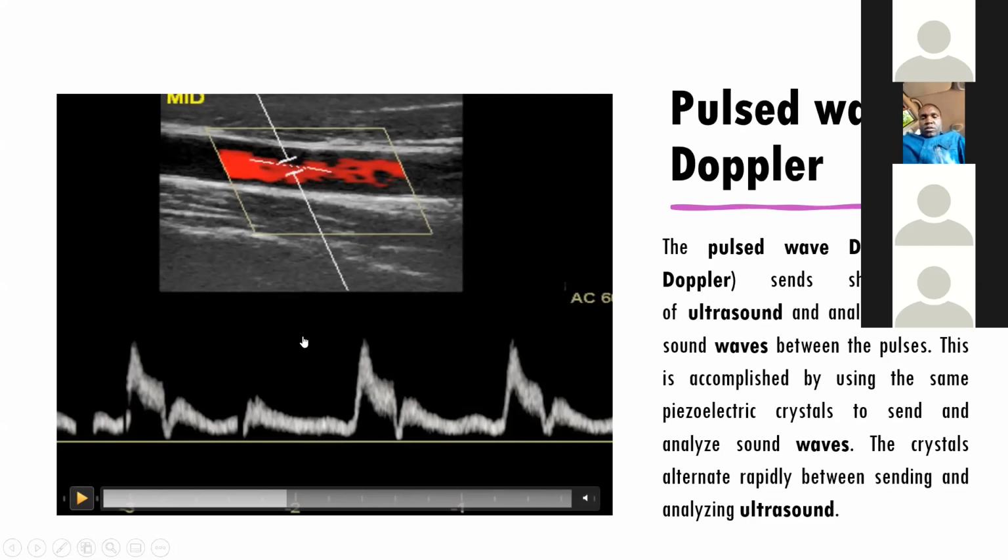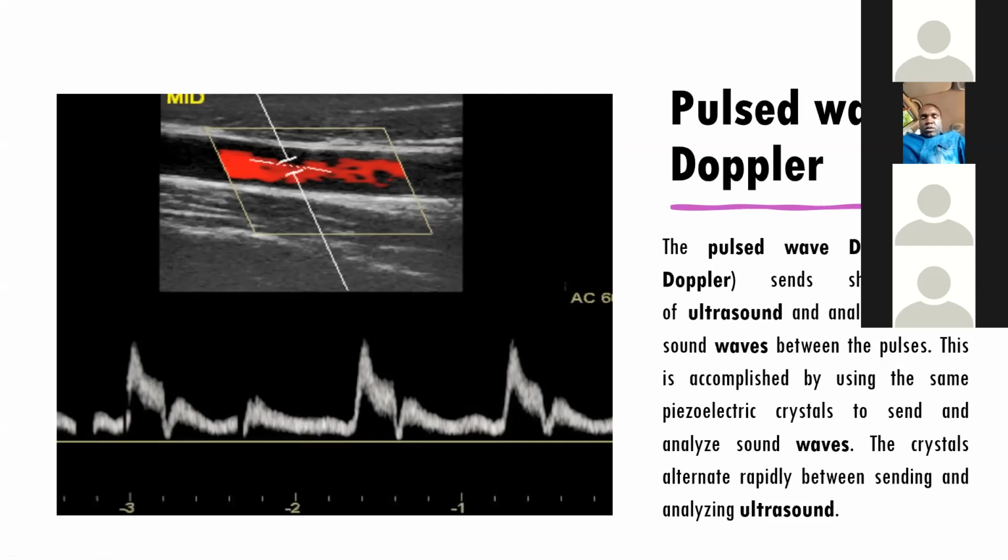Okay, and because we know flow is maximum in the center of the blood vessel, you have to place this sample in the center of the blood vessel. Because we want to get the maximum blood flow, you can move it with the trackball so that you can place this sample volume in the center of the blood vessel.